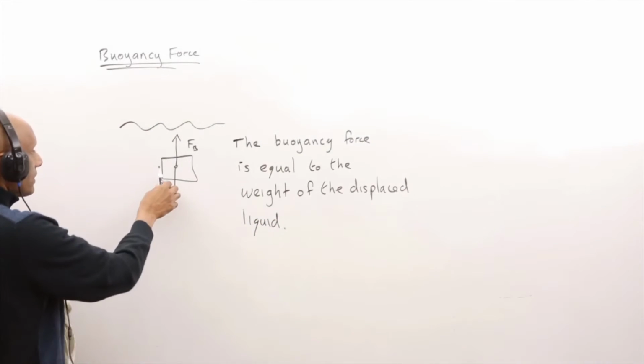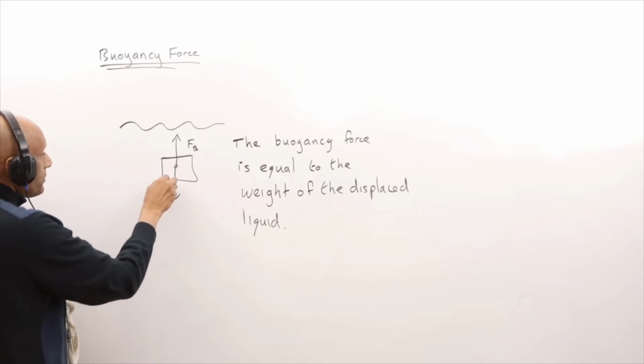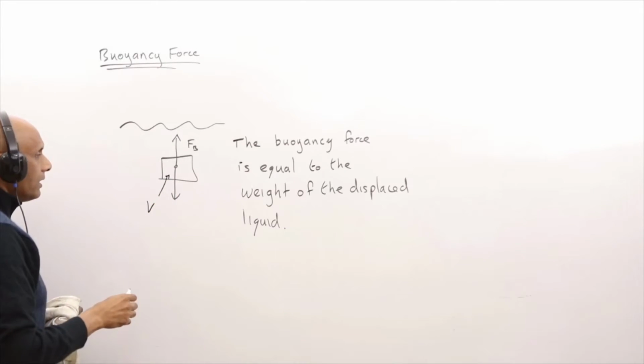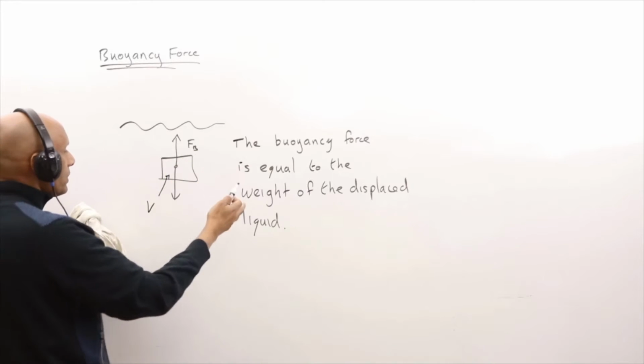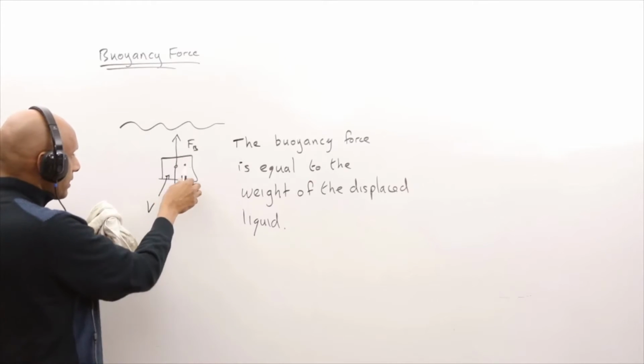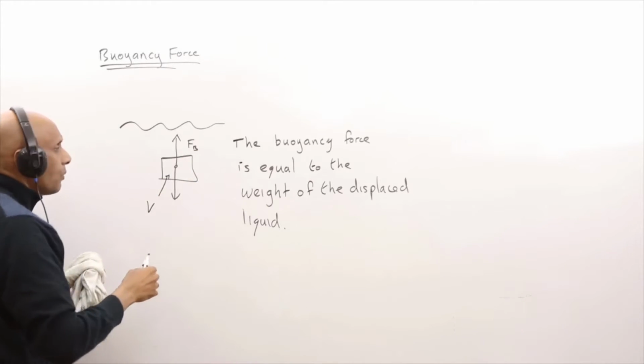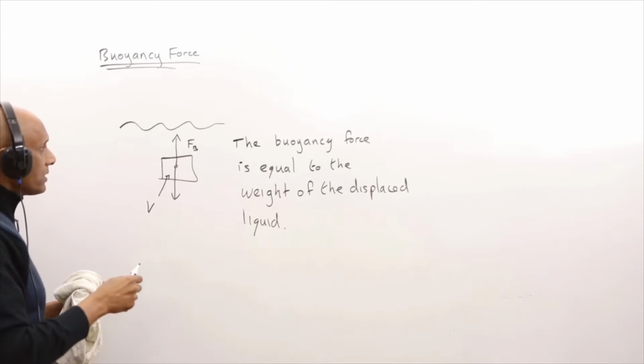That's to say that whatever the object is placed, this object has a volume V. So whatever liquid is displaced, because of this volume, the weight of that liquid is the buoyancy force.